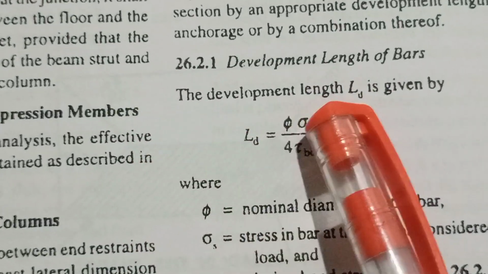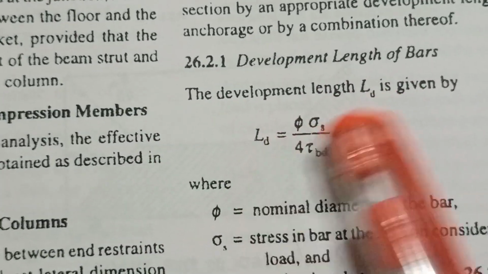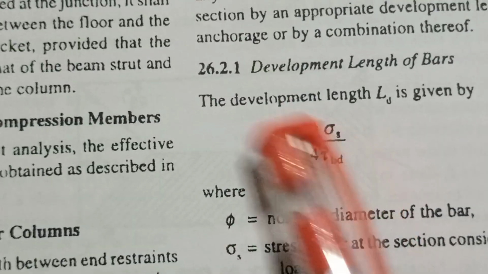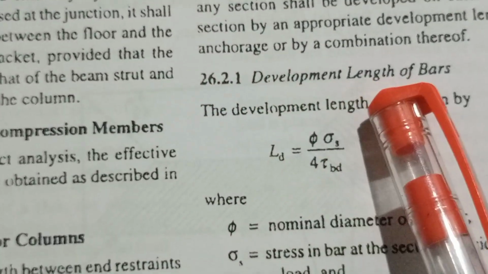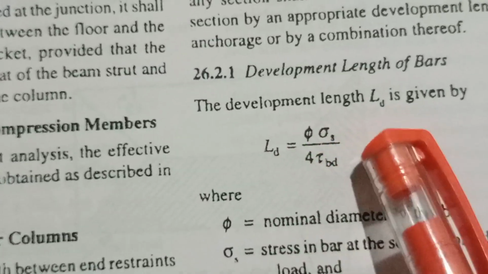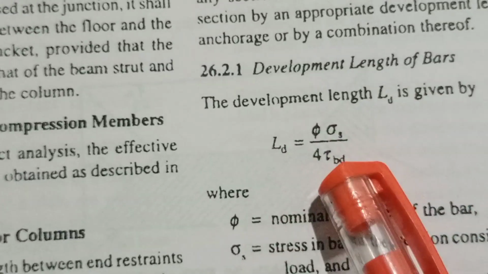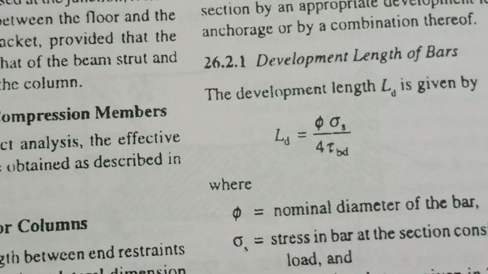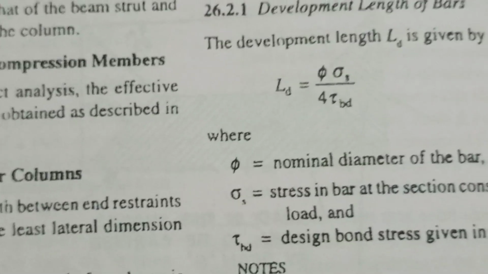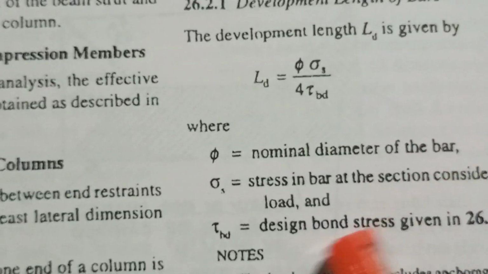The development length, that is denoted as LD, is given by using this formula. We will calculate the development length. LD is equal to phi into sigma s divided by 4 into tau BD. So using this formula, we will calculate the development length.